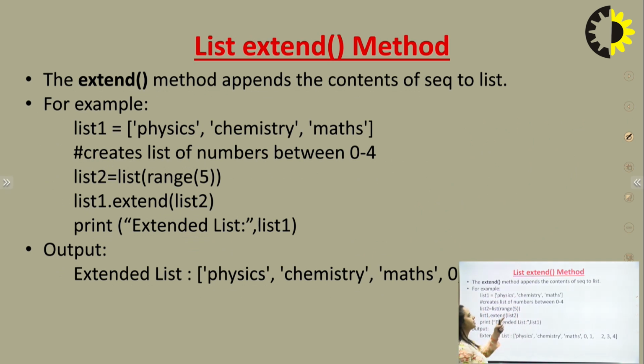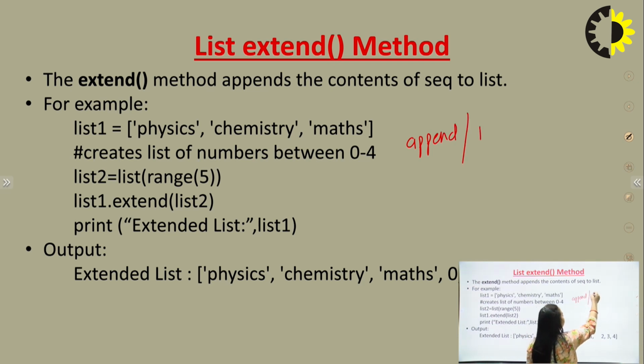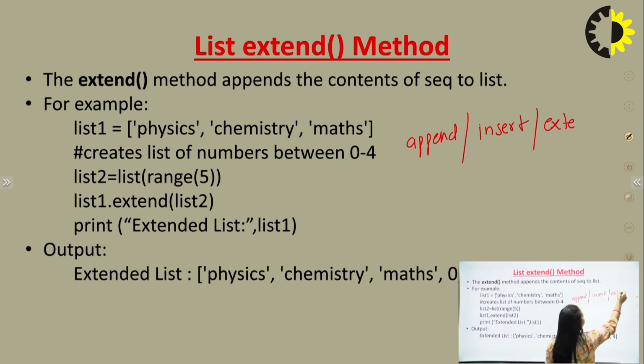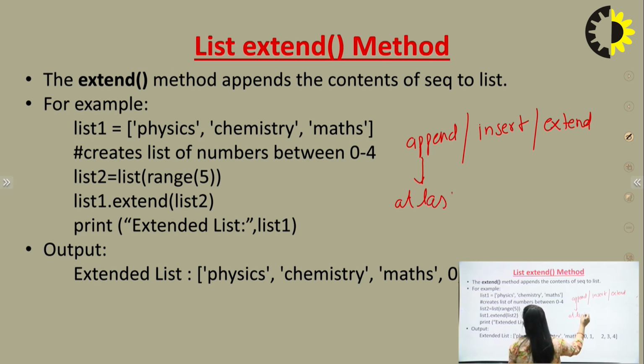Next is the extend method. The extend method is also used to add an element to an existing list. Now, we have three methods to add elements: append, insert or extend. Okay, these three methods. What is the difference between these three methods? If I want to add an element at the last, we have to use the append method.